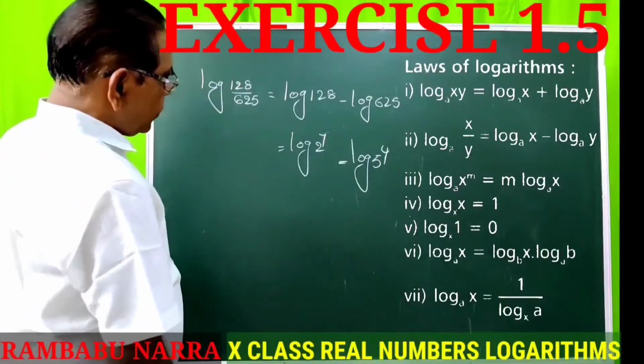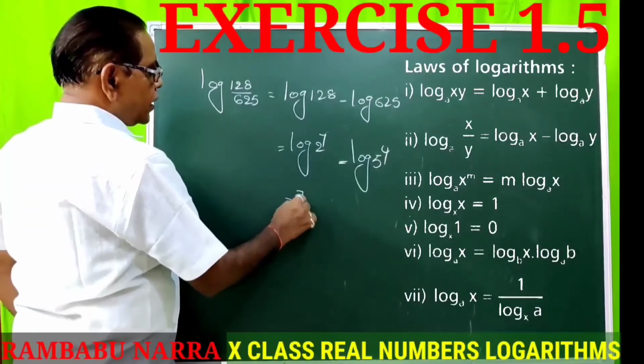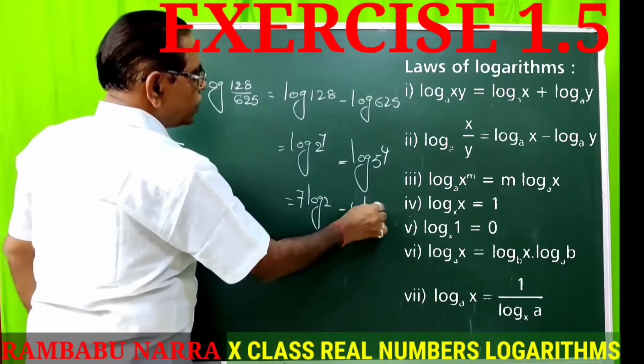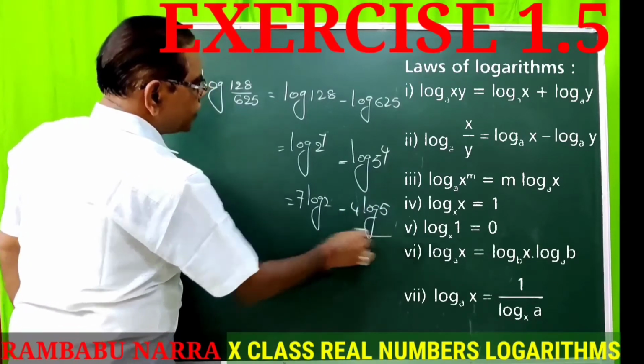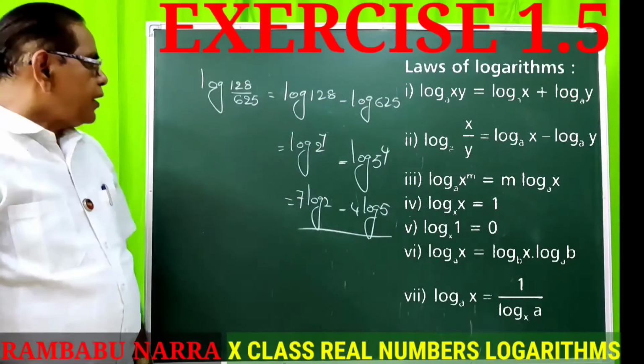Using log A to the power of n equals n log A, we get 7 log 2 minus 4 log 5. This is the expansion of log 128 by 625.